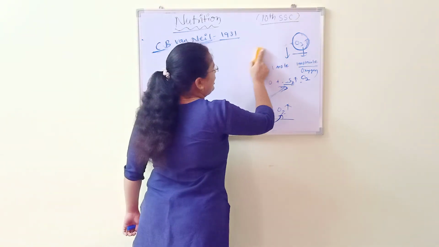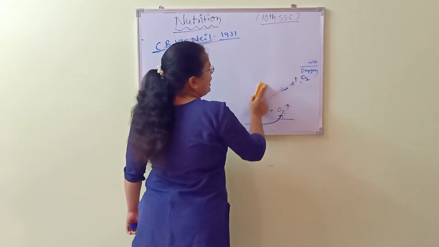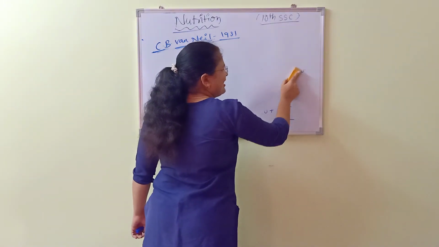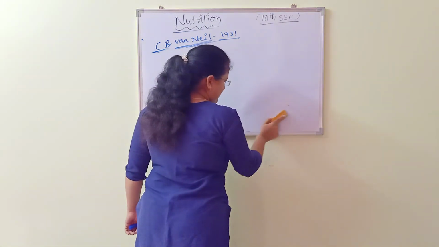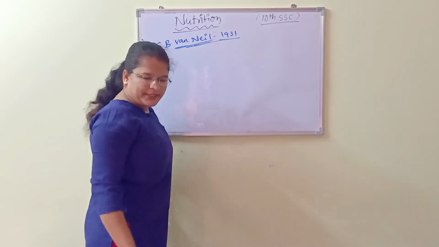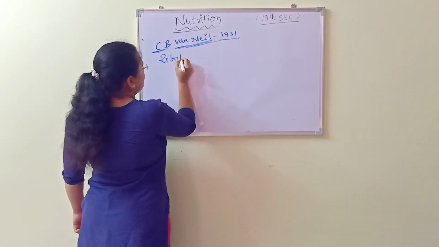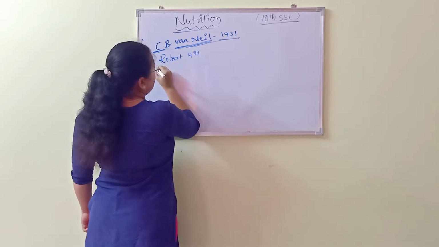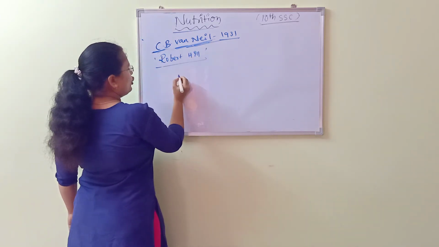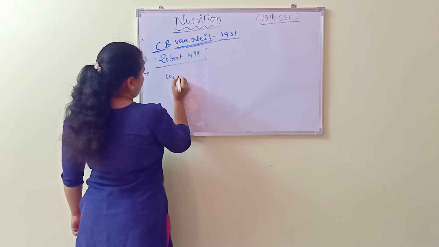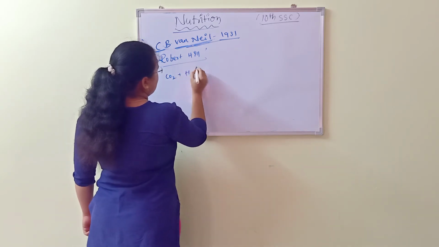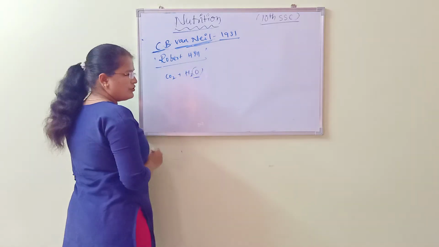So, as we are seeing, if you take oxygen instead of sulfur over there, the oxygen liberation generally occurs. See, the scientist name is Robert Hill. He used oxygen here.